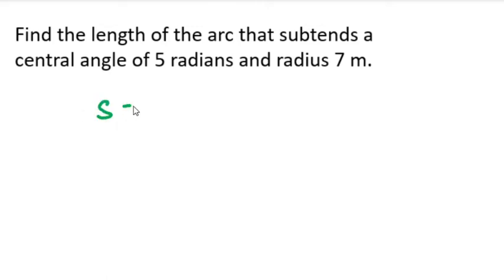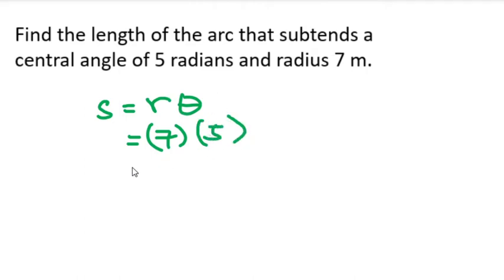So, S now is equal to radius times yung angle measurement or yung theta. Wherein, yung radius natin is 7. And then, yung ating angle measurement in the form of radian na, that is 5. So, the answer is 7 times 5 is 35 meters po.